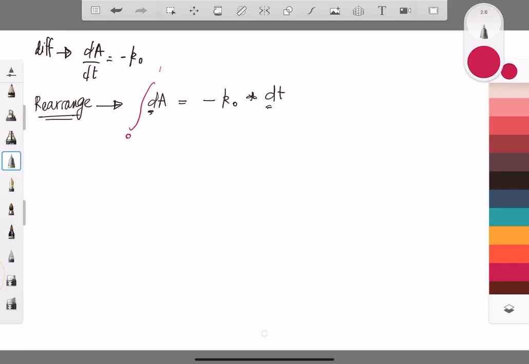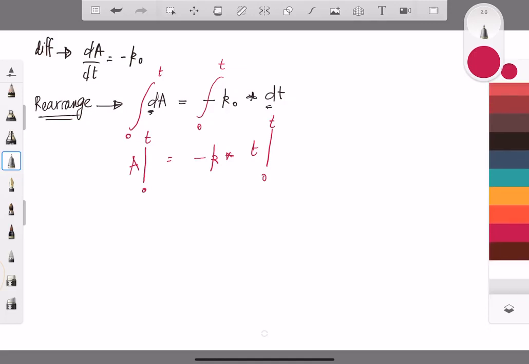So we will have integration from 0 to time t, or from A naught to A at time t. So we will have the integral of dA from 0 to t equals the constant, which will be out, and then the integral of dt from 0 to time t. If we continue the integration, we will have A at time t minus A at time 0 equals minus k naught multiplied by t at time t minus t at time 0, which will be 0.